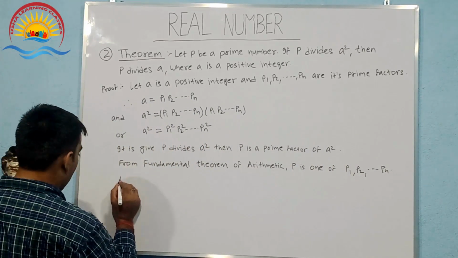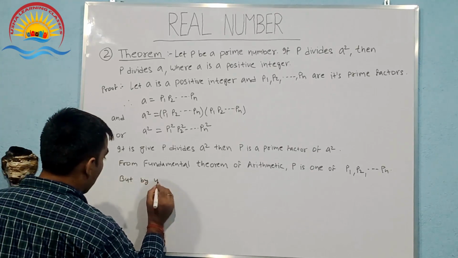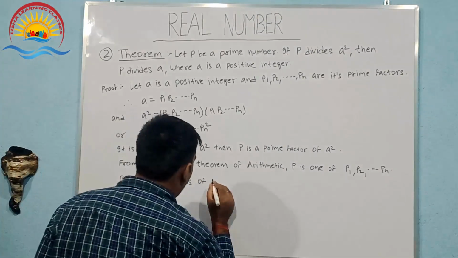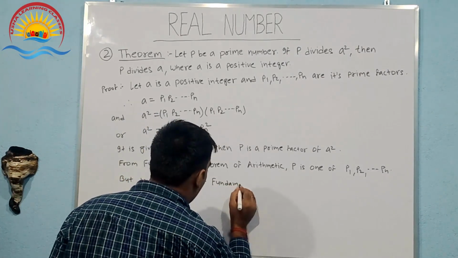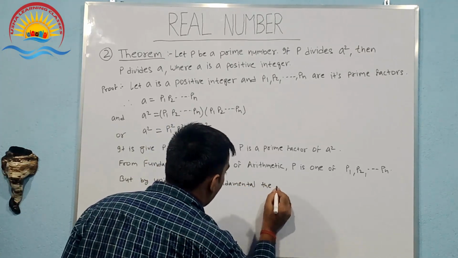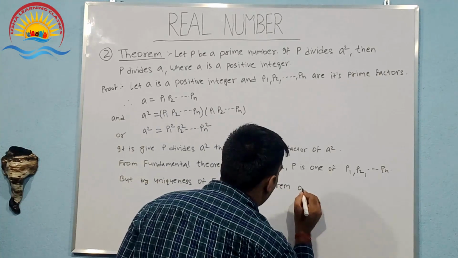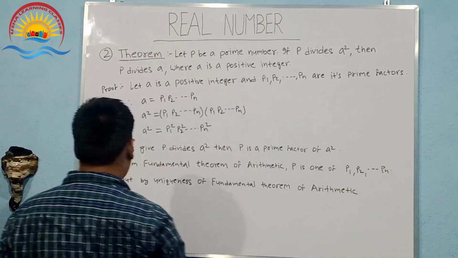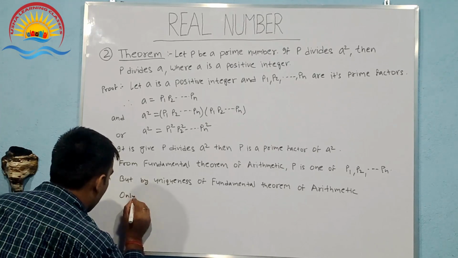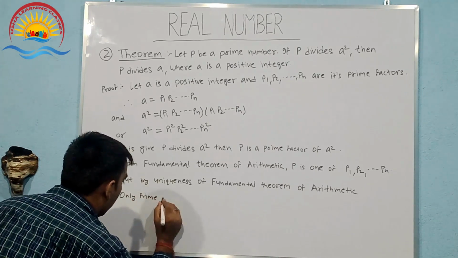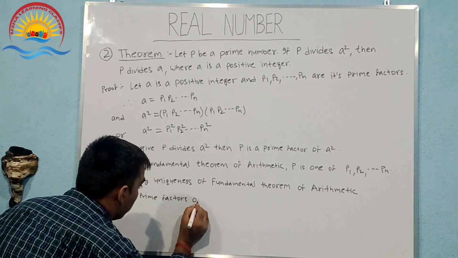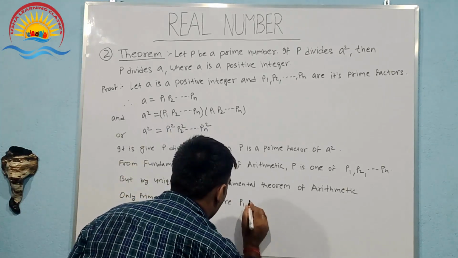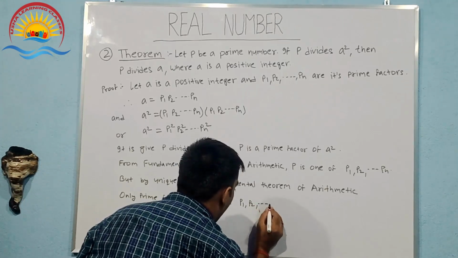But by uniqueness of the fundamental theorem of arithmetic, the only prime factors of a square are p1, p2, pn.